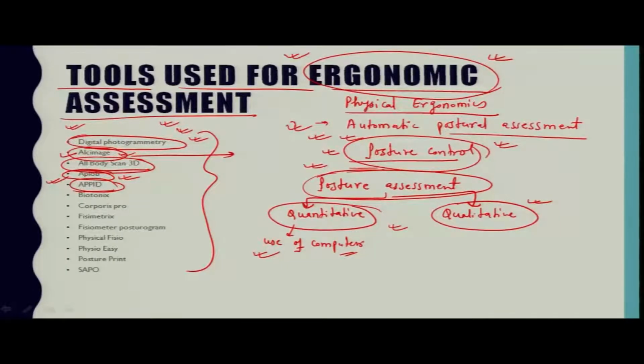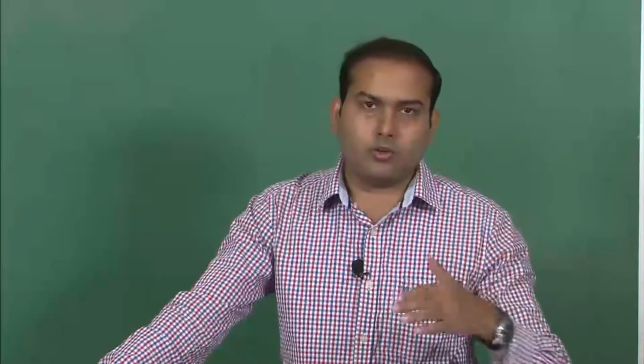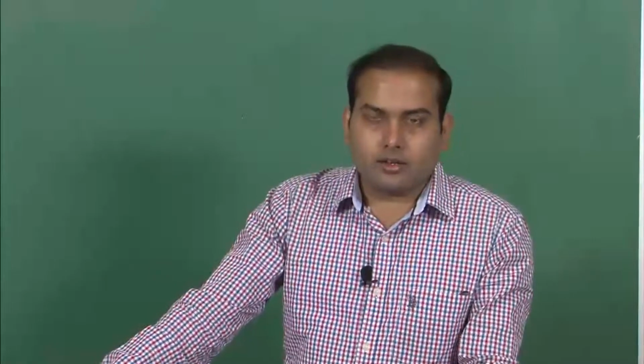It has assessment stages: the assessment of posture on the sagittal plane and the assessment of posture on the frontal plane. In biomechanics, we will cover that there are certain planes through which the body is defined, and based on the view through which we are observing the body, we define that plane: the front view, side view, or lateral views.